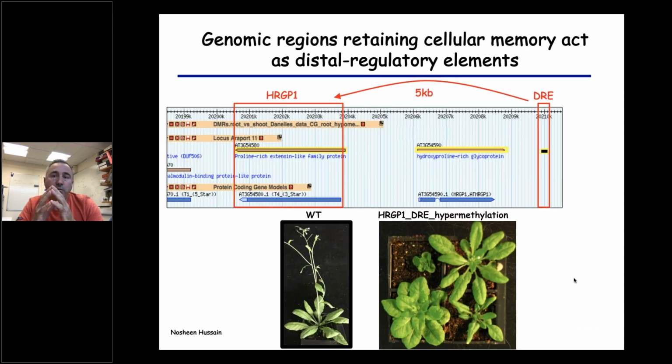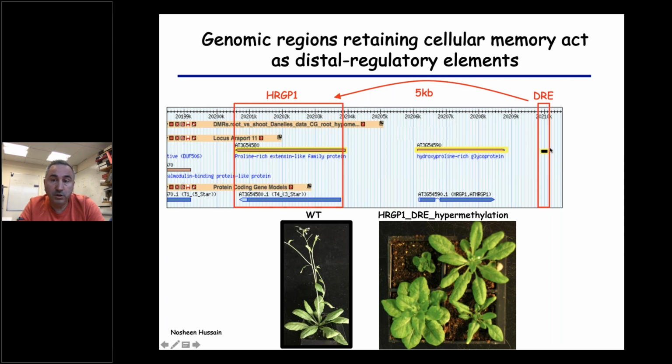To get some idea of the molecular mechanisms, we've been doing work trying to understand where the regions that control these phenotypes are, and this is work done by Nasim Hussein in my lab. What we have realized is that most of the regions that are epigenetically targeted are intergenic regions, and most of these regions act as distal regulatory elements.